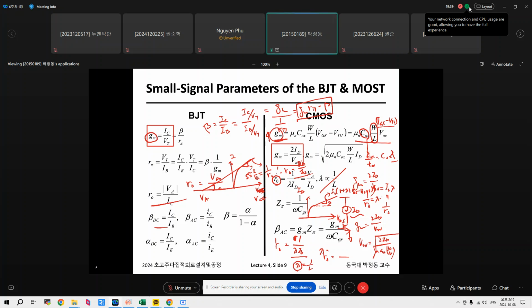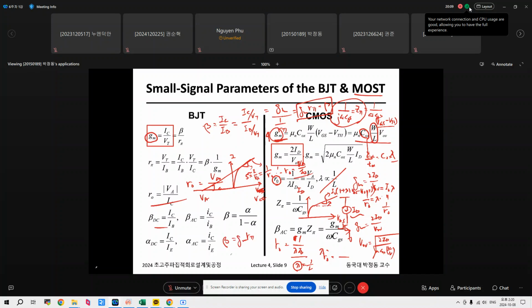For the MOSFET, the input impedance is just 1 over j omega CGS, which is expressed like G pi. If you define G pi in this way, you can also use the BJT relation, beta equal to GM R pi.